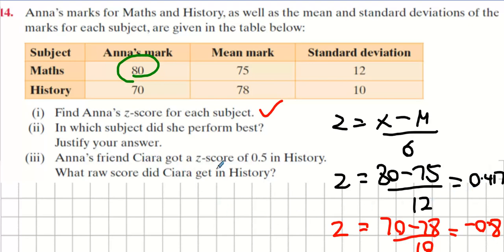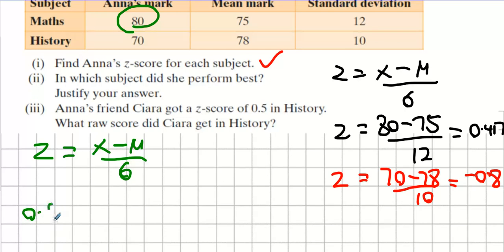And his friend Kira got a set score of 0.5 in history. What raw score did Kira get? Well, Z equals X minus mu all over standard deviation. A set score of 0.5 equals X. And what's the average for our history? 78.